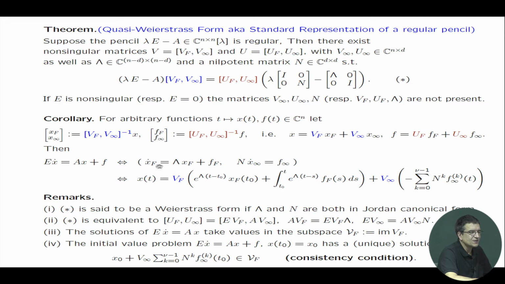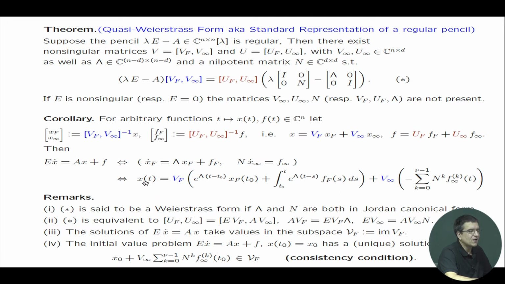So an ordinary differential equation for the finite part, and a differential algebraic equation with a nilpotent matrix for the infinite part. We know the solution of this, and we know the solution of this. So we can write down the final result.